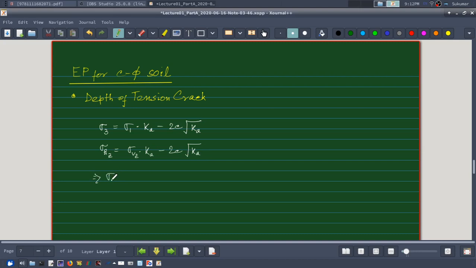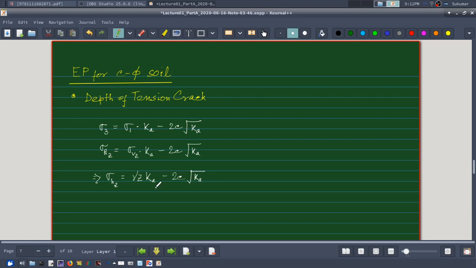Now let me put the values. Sigma h at depth z will be sigma v at z is gamma into z times Ka minus twice C into root over Ka.